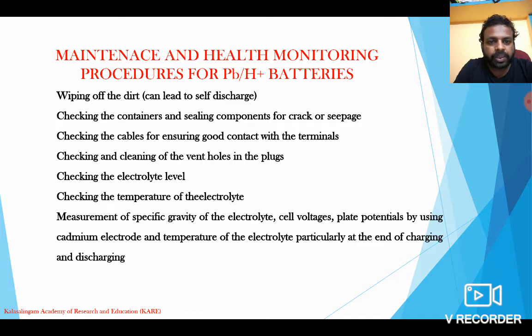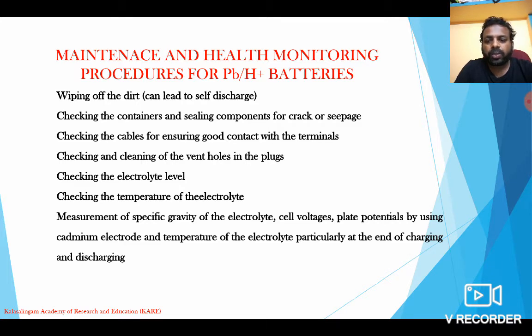Vent holes play a major role in a battery. During the process, some batteries emit hydrogen gas, so we need to remove the hydrogen gas from the battery, right? And then you have to keep on checking as well as cleaning the vent hole in the battery, and check the electrolyte level, and also the temperature of the electrolyte.